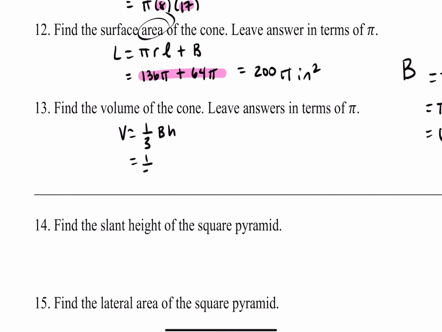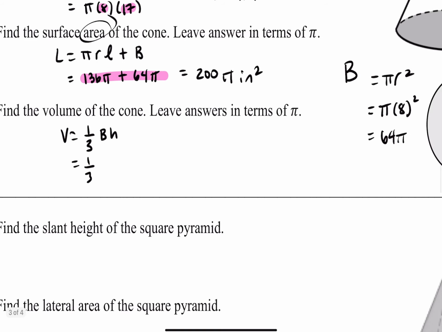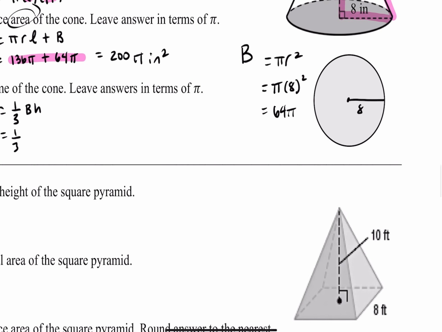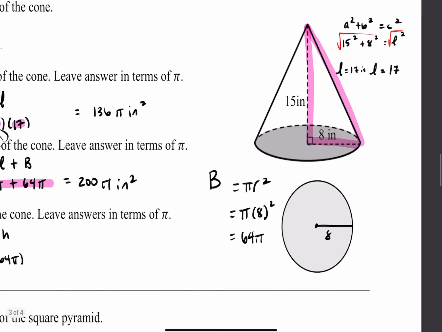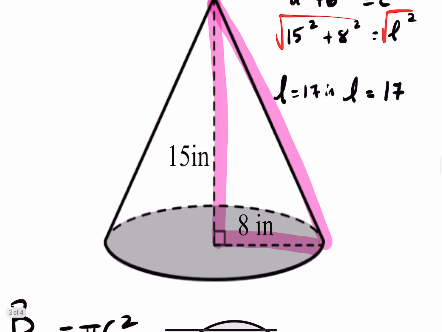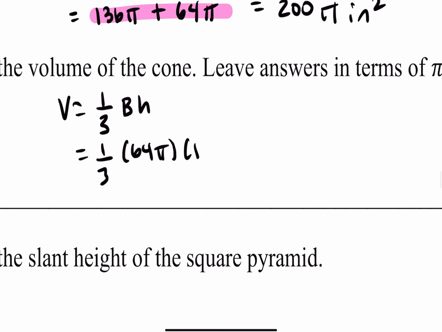All right, 1/3. What's the area of the base? 64 pi, yes? So it's 64 pi multiplied by the height of the cone. This is how tall the cone is. It's 15, so I'll put 15 there. Okay, we're going to do 64 times 15.